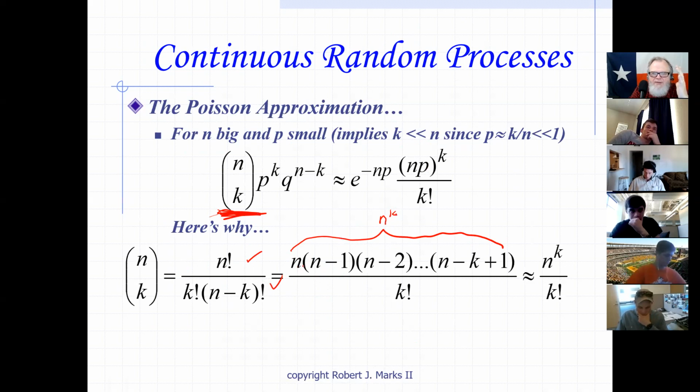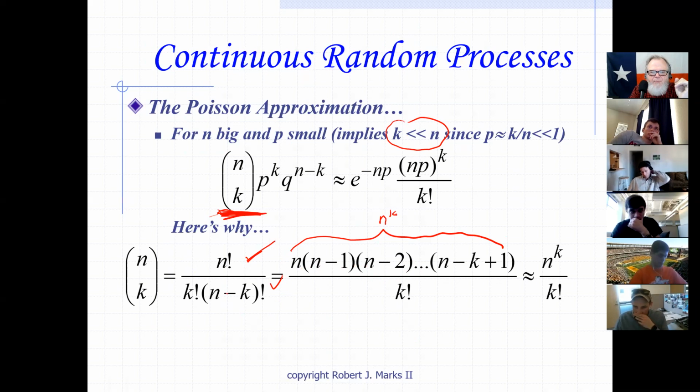So we have 1 billion times 1 billion minus 1 times 1 billion minus 2 times 1 billion minus 3. Isn't that about the same as 1 billion to the 4th power, right? Do you see that? So therefore, if k is a very, very small number, then we can make this approximation.